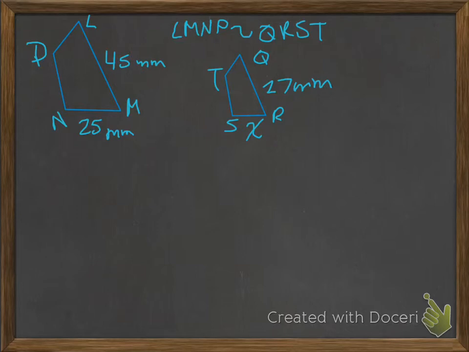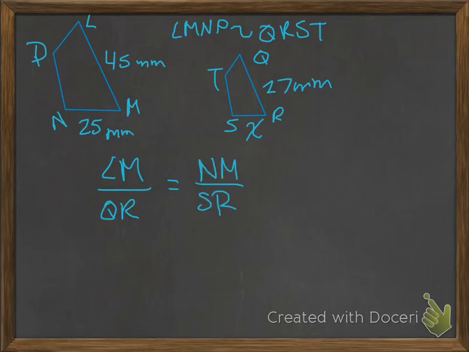Side LM corresponds with QR, so that's what we're going to put in our ratio, LM over QR. We're starting with our first figure again, and NM corresponds with SR.